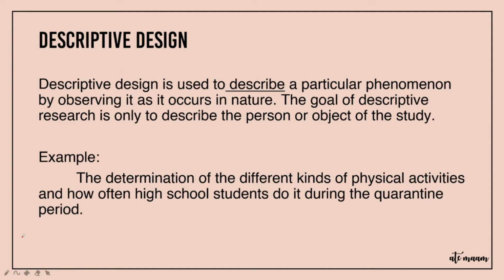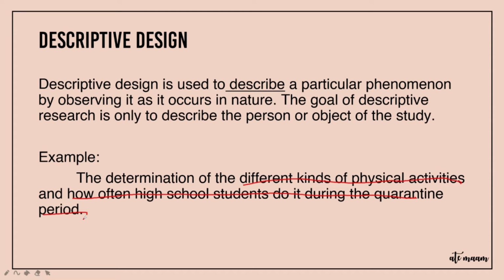So how can we say that this one is a descriptive design? So as you can see, it describes or determines the different kinds of physical activities and how often high school students do it during quarantine period.